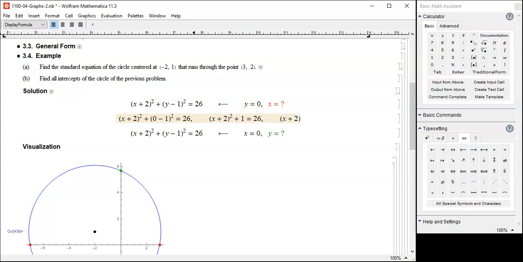X plus 2 squared is equal to 25. I could have broken up this complete square and then factored it back or used the quadratic formula, but what's the point? It's already a complete square. Complete square equal to something, and then I'm going to take the square root here.